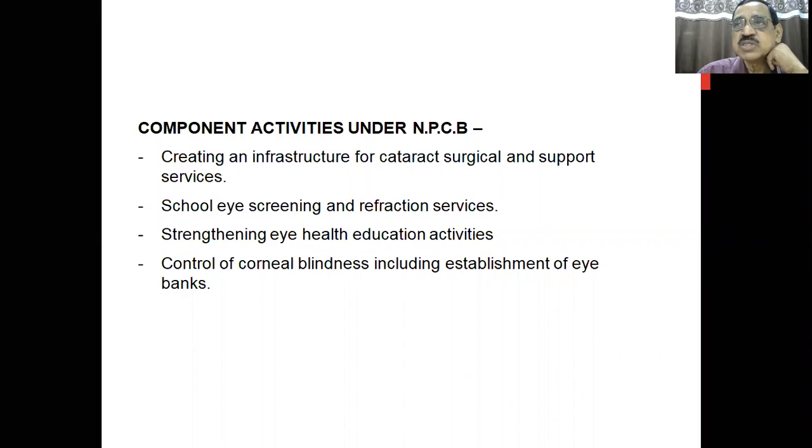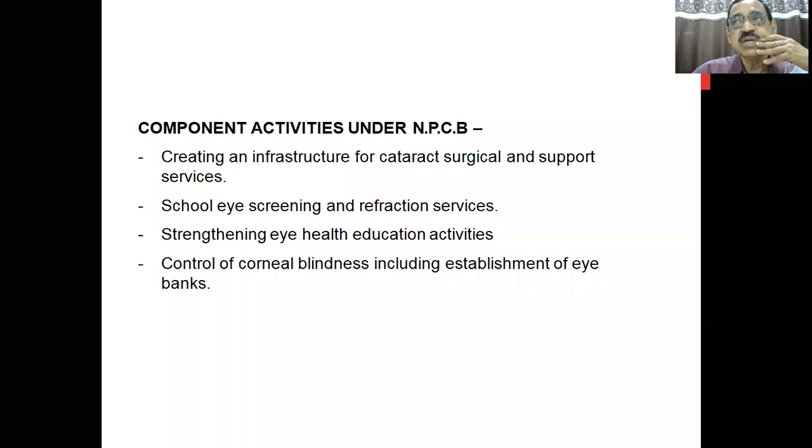If they go to school, the teachers can identify that the individual has defective vision because they will not be able to see the board and write down what is written on it. In that condition, the teacher can refer the boy or girl to the ophthalmologist or paramedical ophthalmic assistants in the PHCs.